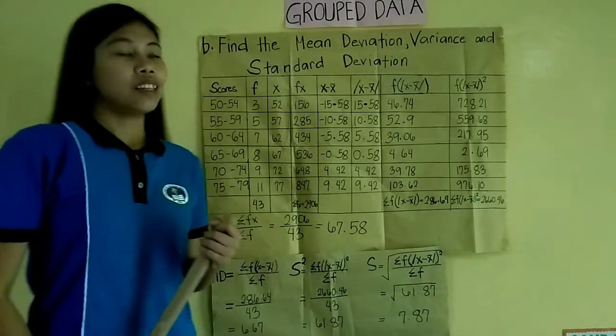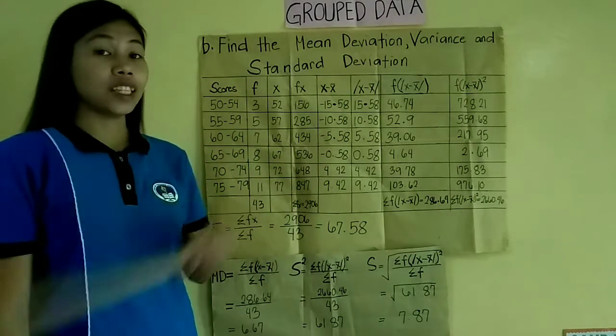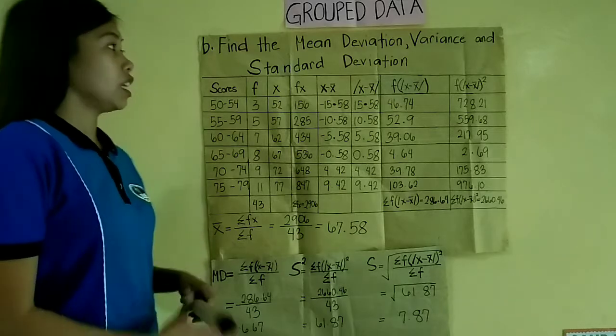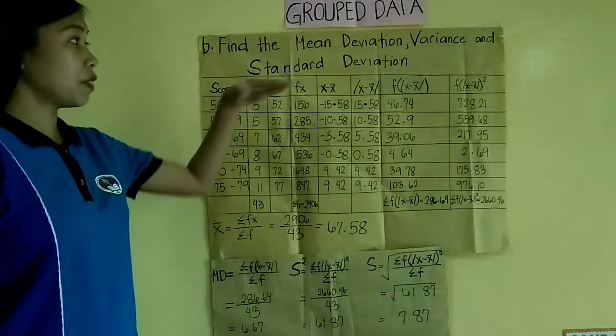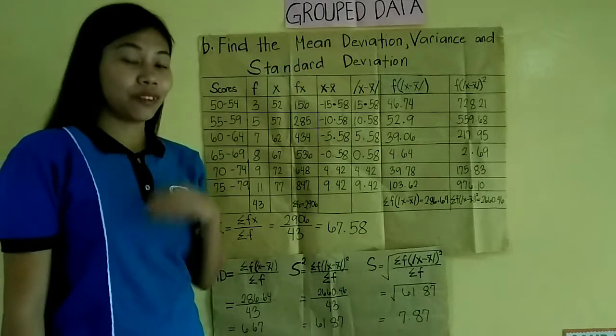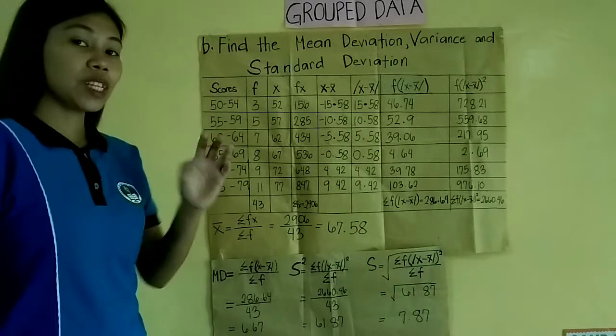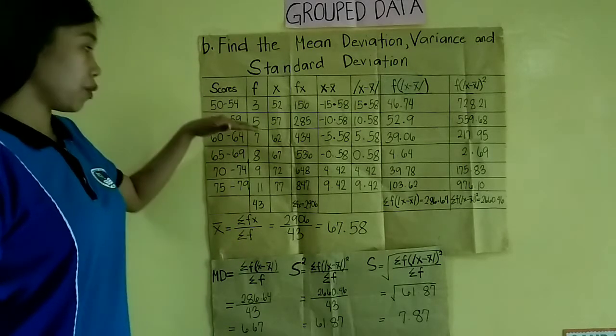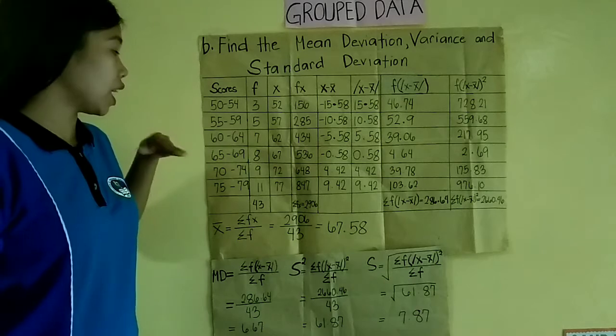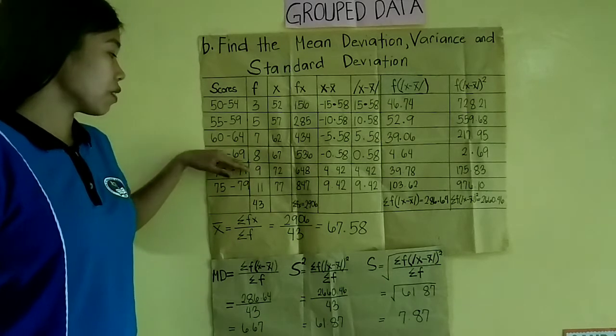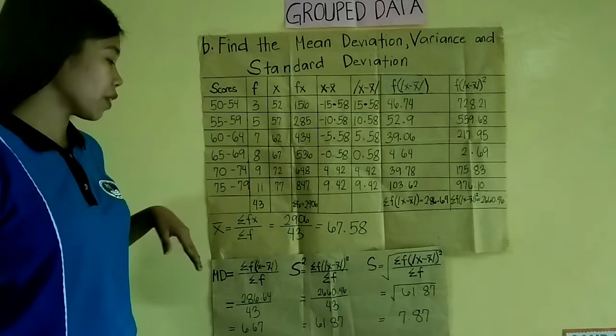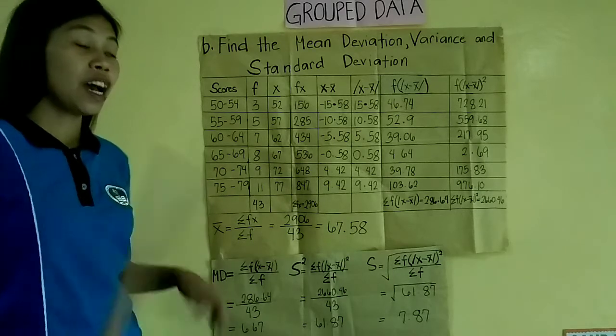Okay. Let's proceed to grouped data of measures of variability. Now, we're asked to find the mean deviation, variance, and standard deviation. So, for example, we have the scores 50 to 54, 55 to 59, 60 to 64, 65 to 69, 70 to 74, and 75 to 79.